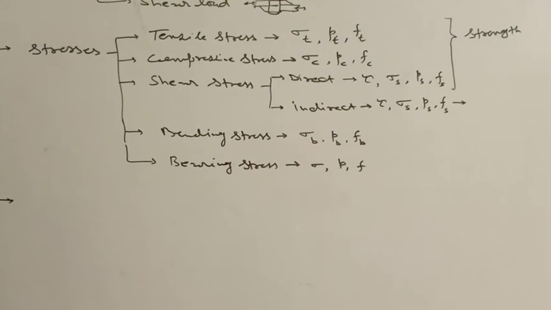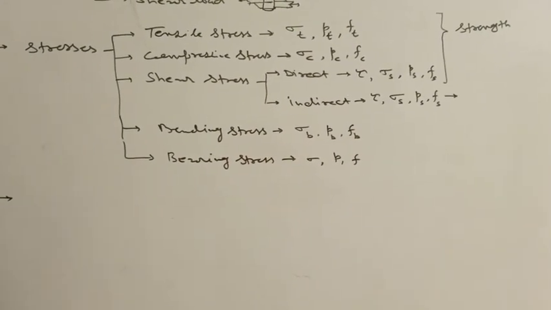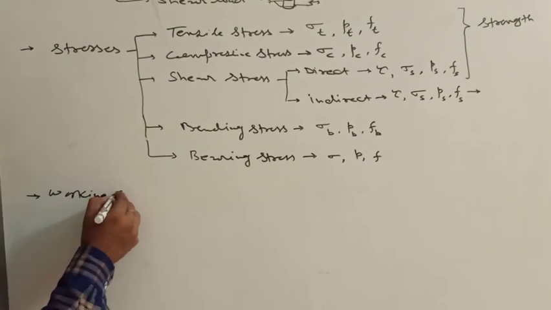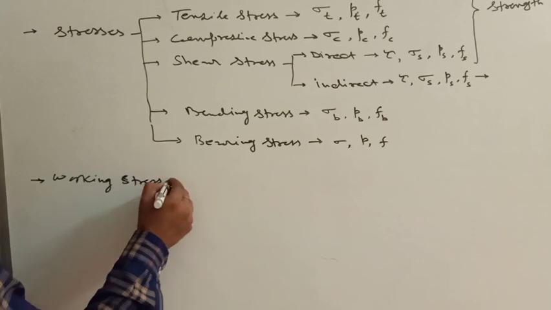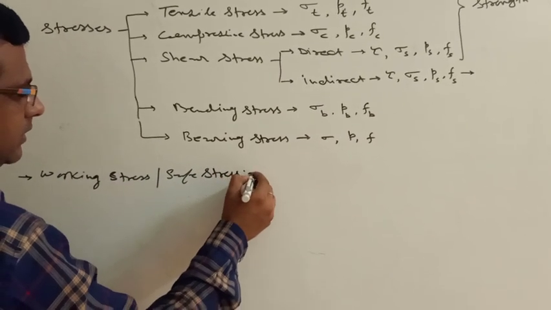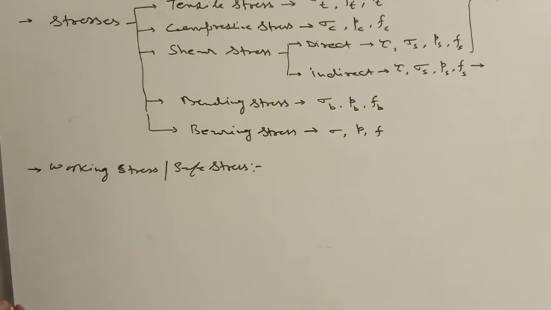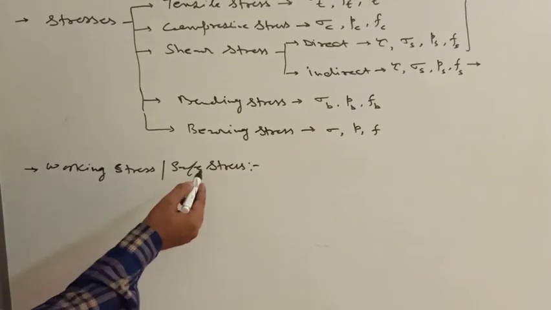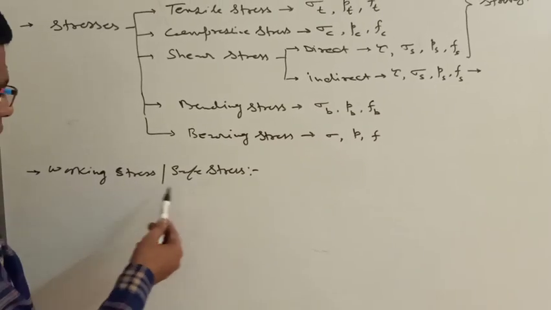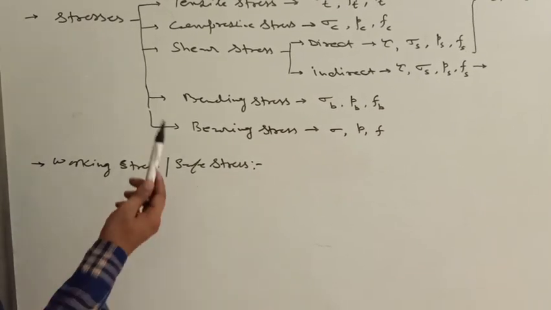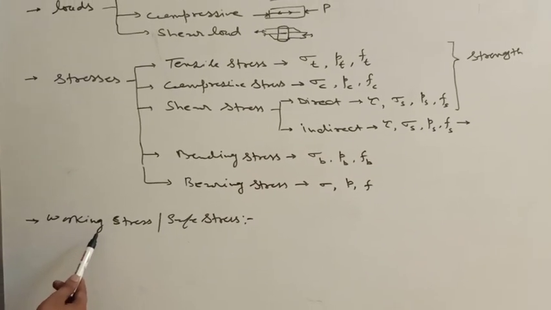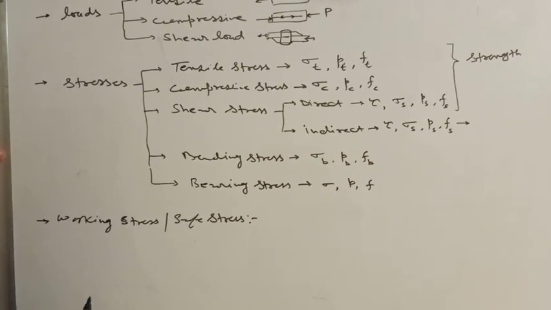Now for designing purposes, we are using a stress which is our working stress. This stress is also known as the safe stress, or the allowable stress. This working stress or safe stress is the value of the stress which is less than the maximum stress, because we are designing our parts on the basis of less than the maximum stress.